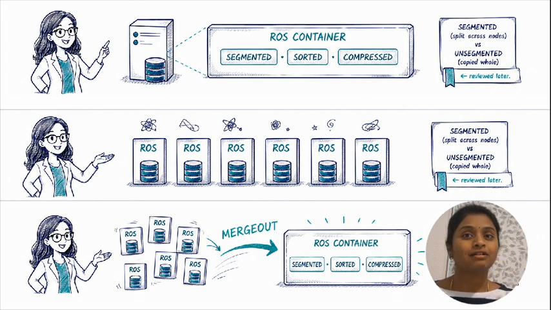Fewer containers and faster queries. One thing I kept flagging on the side there is segmented versus unsegmented projection. That's a topic on its own. We'll decode it next. For now, just remember one thing: your data on disk lives in ROS containers in segmented, sorted, and compressed format, and merge outs keep them tidy.